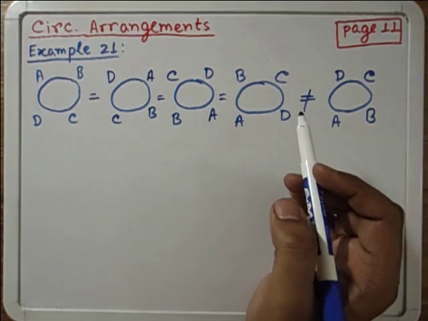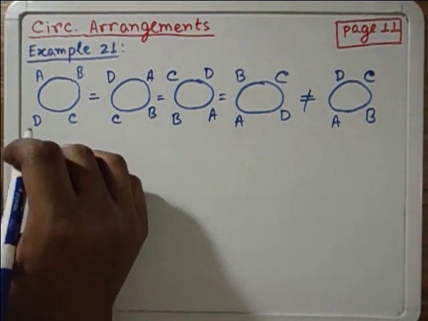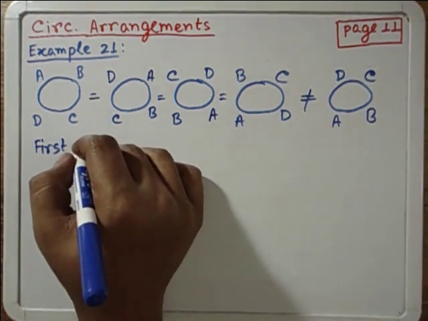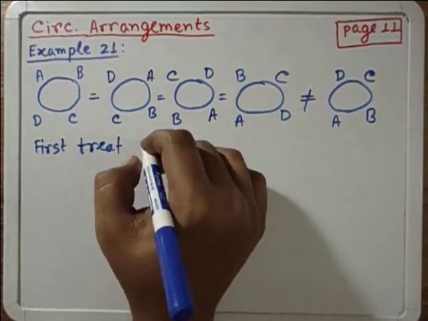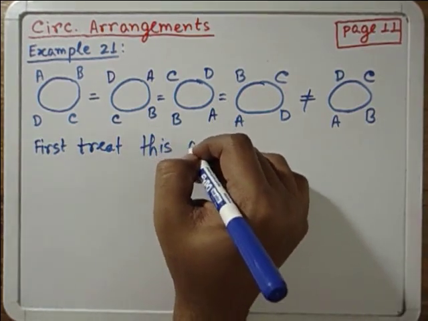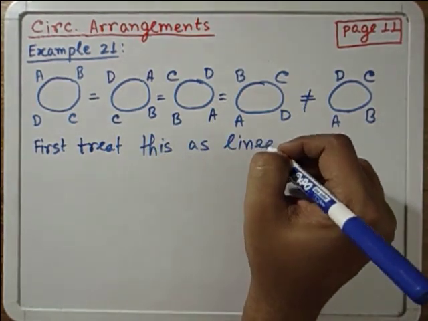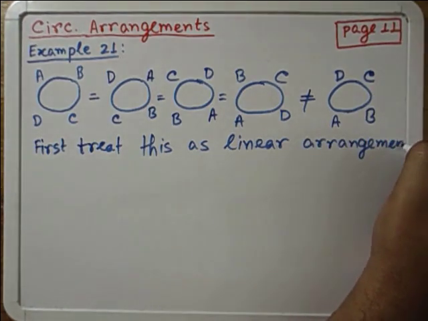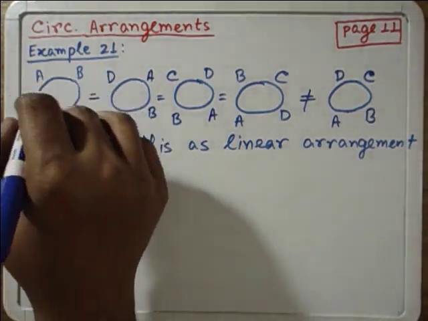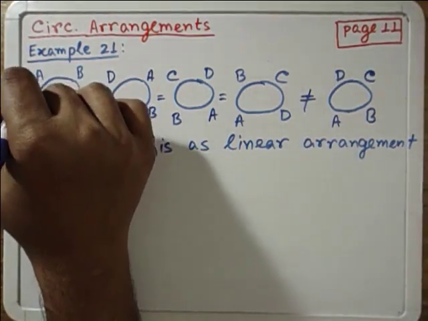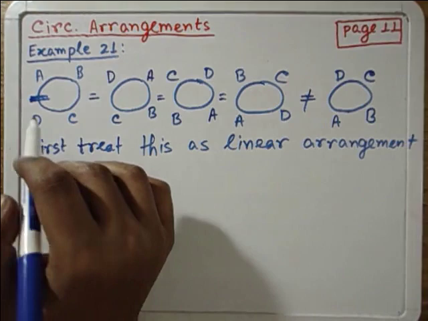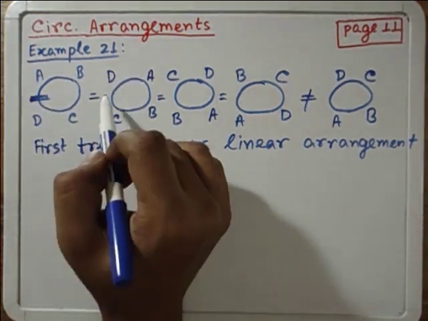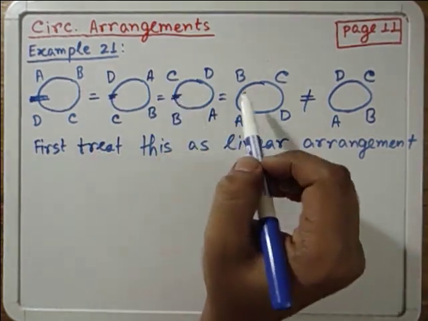A simple way is, let's first treat these as linear arrangements. Let's say you have a circular table and you cut it here. So we say this is A, B, C, D. This is D, A, B, C. So just cut here.